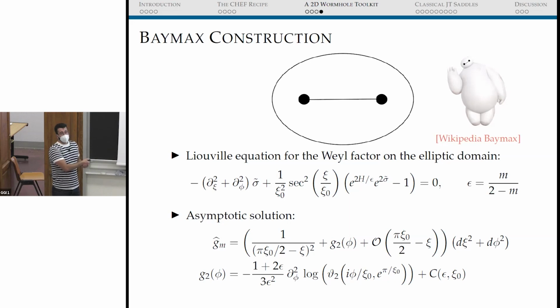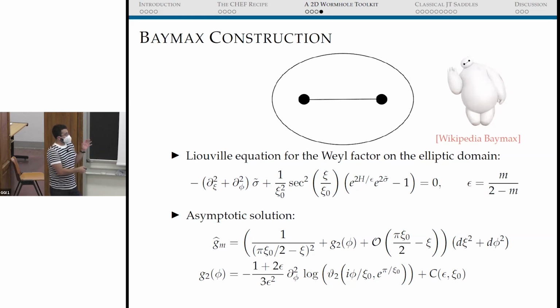This is in fact all we need if we want to evaluate anything in JT gravity. And we can actually find the exact phi dependence of this function asymptotically is given by some elliptic theta function. And all that we are left with as an unknown is some constant, some constant that depends on the choice of eccentricity and on the choice of m.